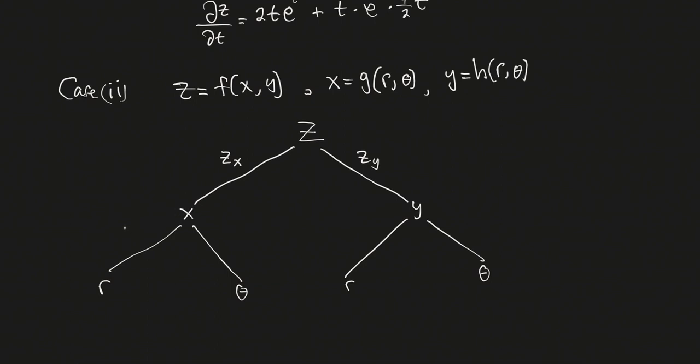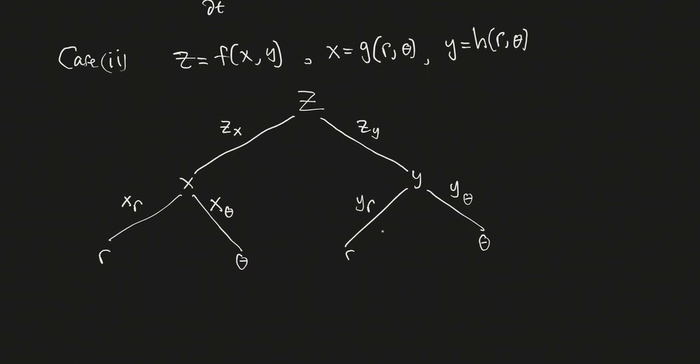And then here, this will be the partial derivative of x with respect to r, and then this branch will represent the partial derivative of x with respect to theta, and do the same thing on this side, just switching the x's to y's. So then this is the partial derivative of y with respect to r, partial derivative of y with respect to theta.